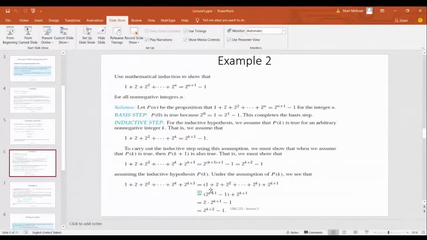I could write 2 power k plus 1 plus 2 power k plus 1 minus 1. Okay, so I have 2 times this expression, 2 power k plus 1. So 2 times 2 power k plus 1 minus 1, which is equal to 2 power k plus 2 minus 1, which is exactly the same as we had in our assumption.